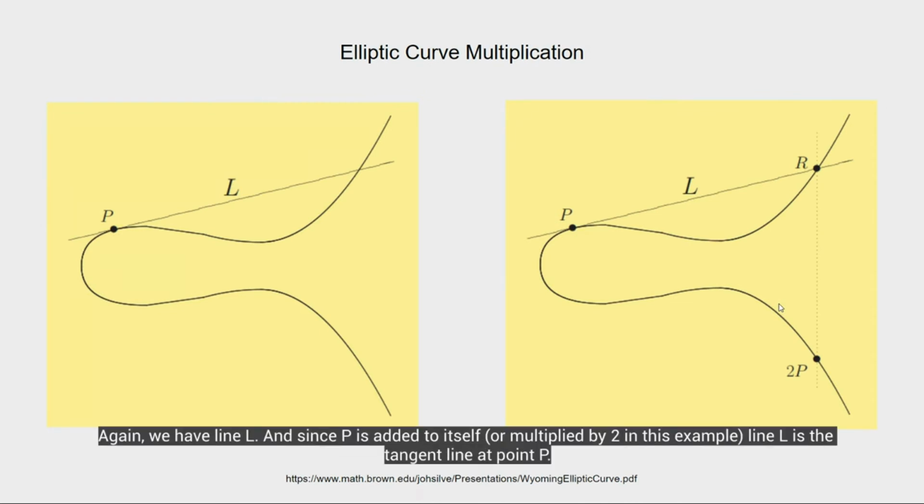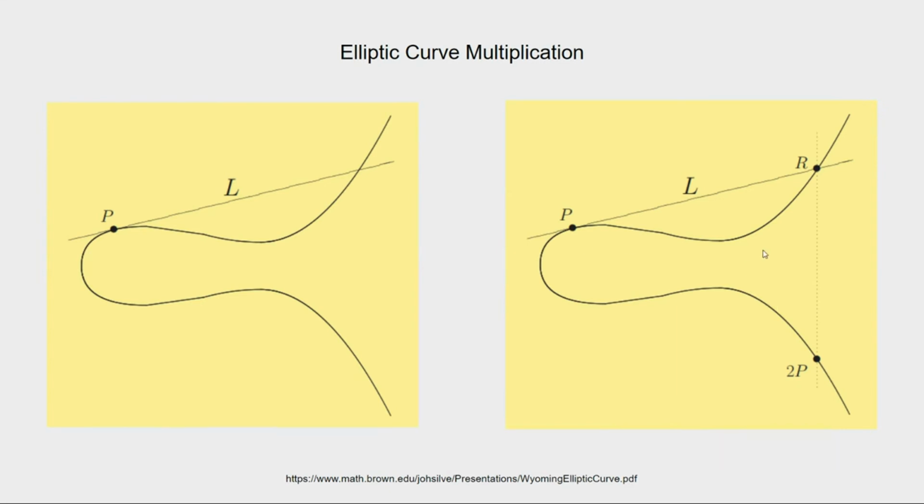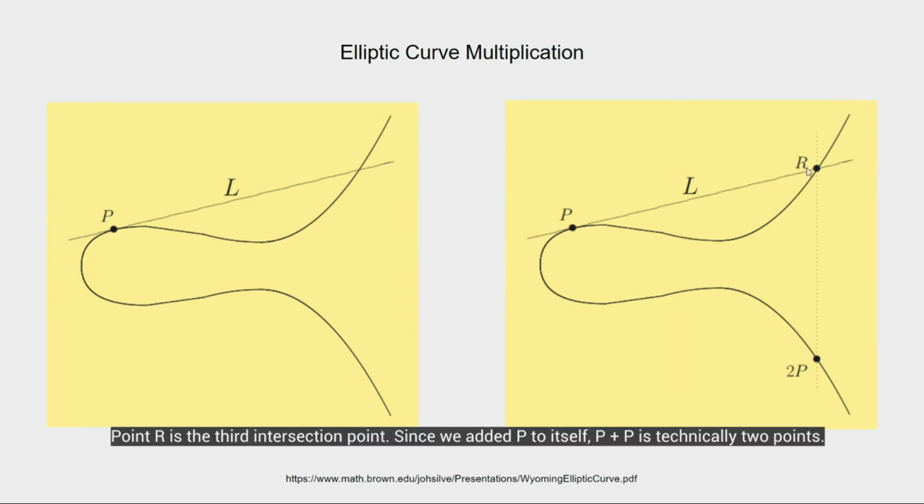So again, we have line L. And like I just said, since P is added to itself, or multiplied by 2 in this situation, line L is the tangent line that intersects the curve at point P. Again, we get a point R here.